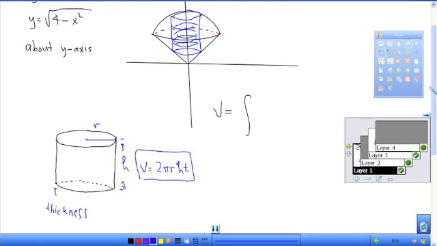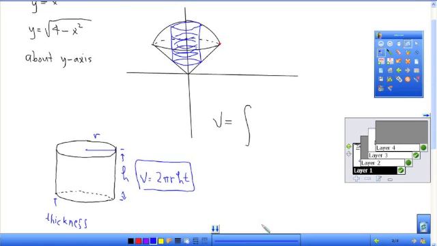So now if we go back and start to apply that to the shells that we have drawn in our object here, what I have at the top is a radius, and that radius is going to go from the axis of rotation, which is the y-axis, and move out towards wherever I end up stopping.